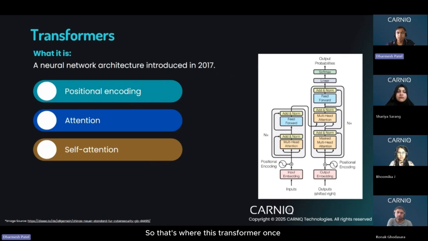So that's where the transformer came in, and it is used in many of the advanced natural language processing models we are seeing these days. The base for them is the transformers.